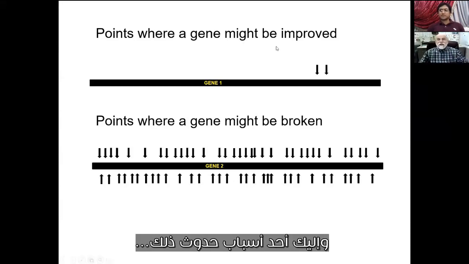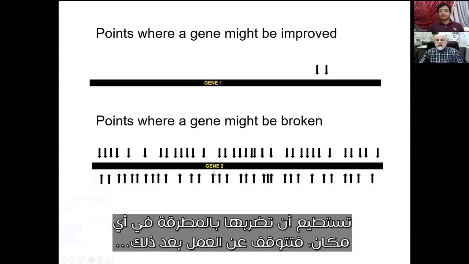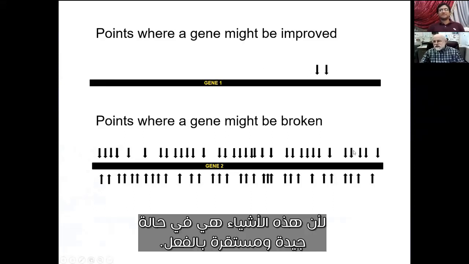And here's one of the reasons why. If you wanted to break a gene, just like if you want to break a car or break a computer, there's any number of places that you can hit it with a hammer and it won't work anymore. But if you want to improve something, there's usually only one or two places where you can, because these things are in pretty good shape already.